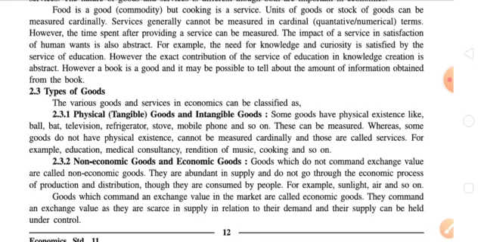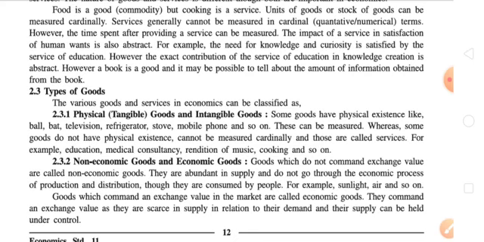Now let us move forward to the second type, that is economic goods. Goods which command an exchange value. It is obvious that all those goods which do not command any exchange value are non-economic goods. So the goods which command an exchange value in the market are called economic goods. It means they have some kind of exchange value which can be quantified in monetary terms. They command an exchange value as they are scarce in supply.